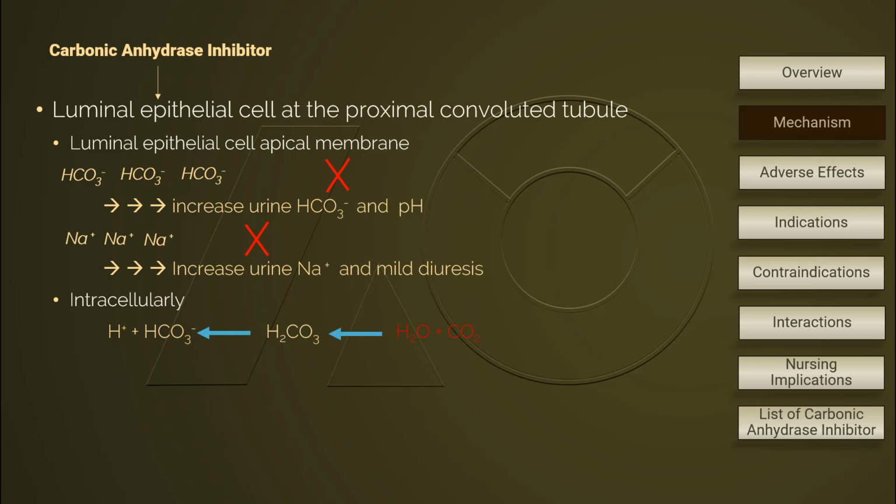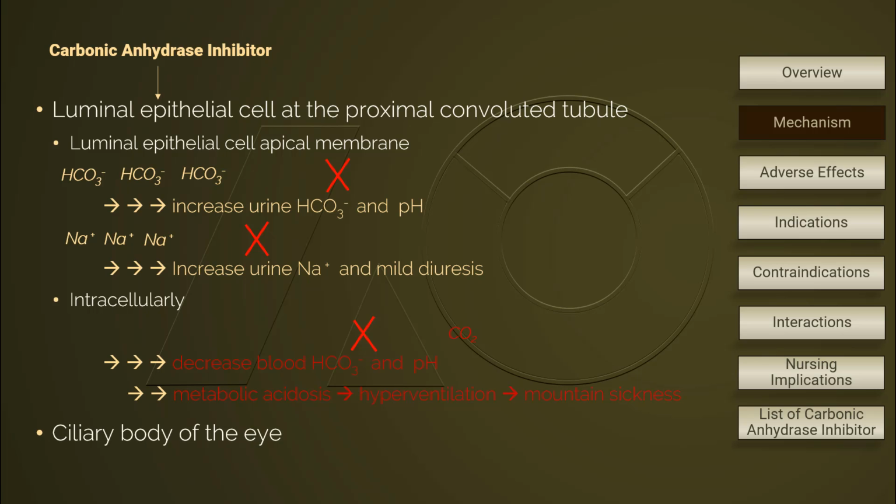In the cytoplasm of the luminal epithelial cell, carbonic anhydrase inhibitors stop the conversion of carbon dioxide to bicarbonate, affecting the blood. The result, metabolic acidosis, facilitates hyperventilation, which in turn increases oxygenation, helping the body adjust to high altitude. Another effect of carbonic anhydrase inhibitors is reduction of aqueous humor, decreasing intraocular pressure. It is possible that these medications block carbonic anhydrase in the ciliary body of the eyes.